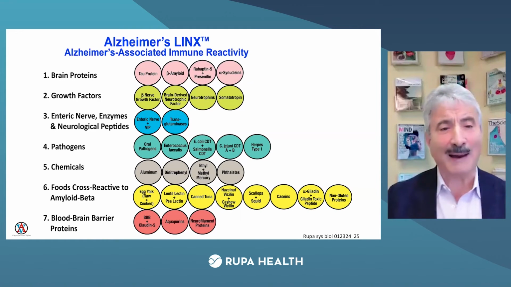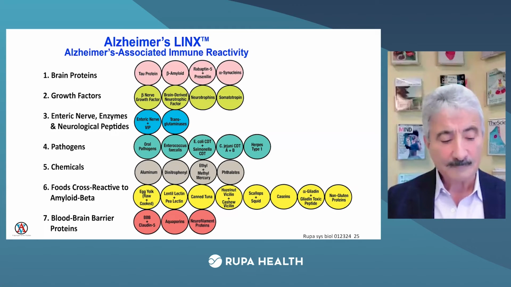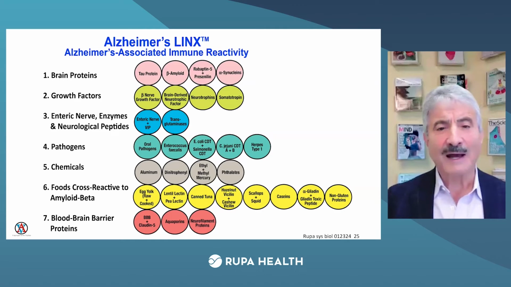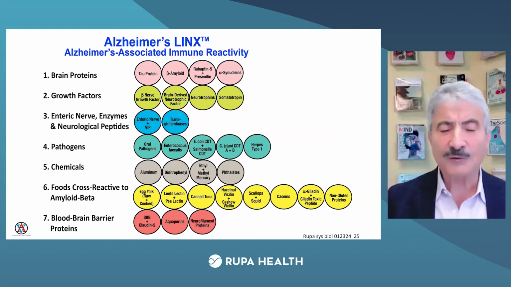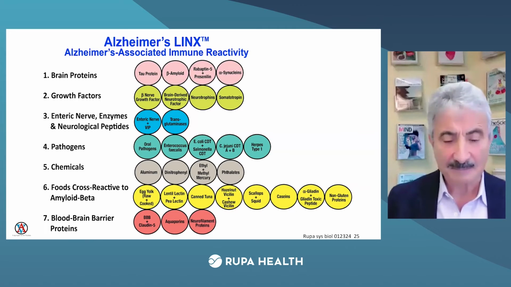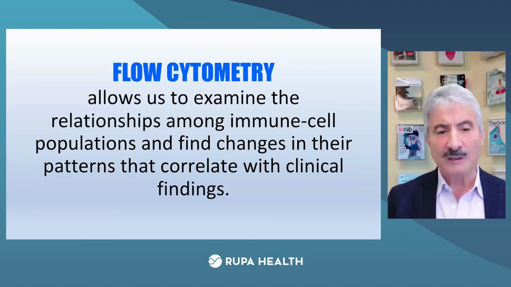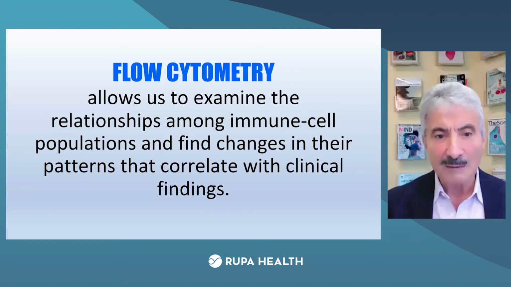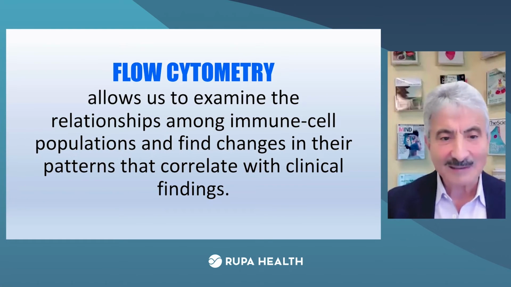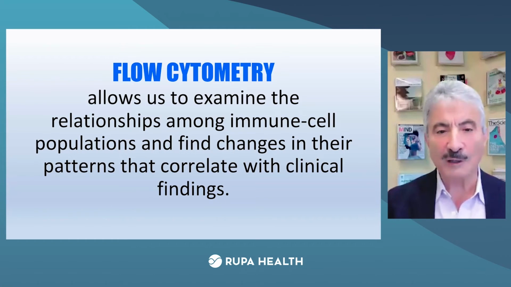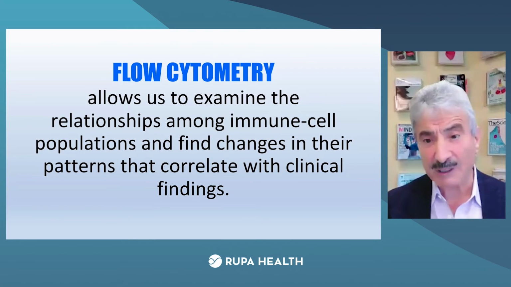So this is the kind of panel I highly recommend you consider for your patients, not just for Alzheimer's, but just for screening purposes. So that was my introduction about the importance of measuring biomarkers of humoral immunity with emphasis on the gut barriers as well as multiple autoimmune reactivity screen.